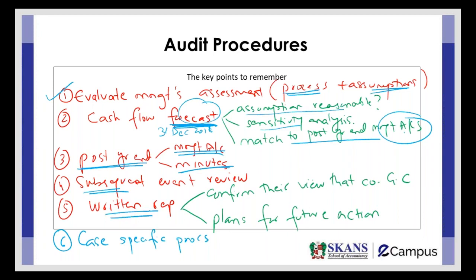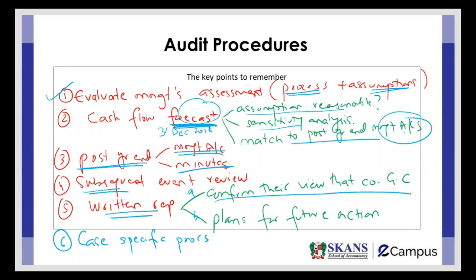Get a written representation, actually 2 written representations. Number 1, ask the management to write down their view regarding going concern. So if they say the company is a going concern, I'll say, perfect, please write it down for me. If they say the company is not a going concern, I'll say, perfect, please write it down for me.